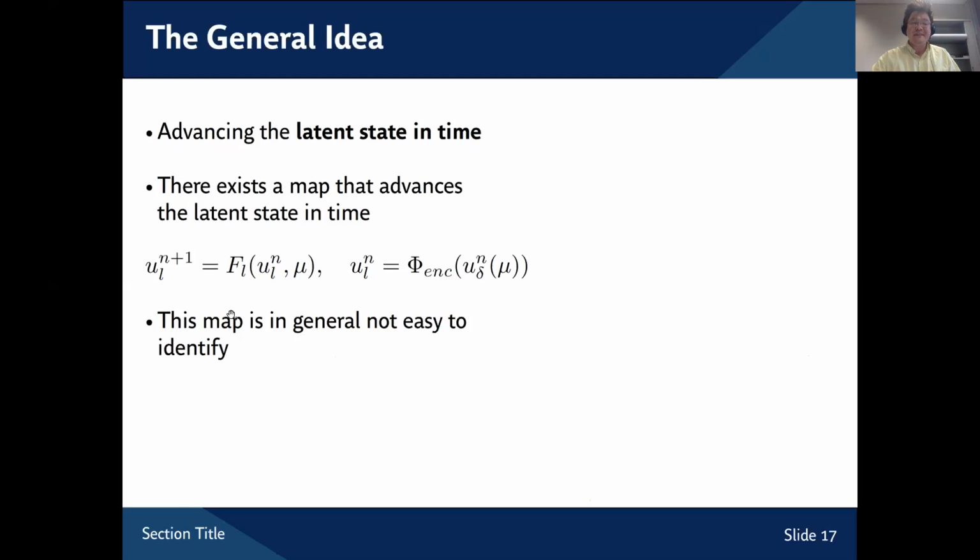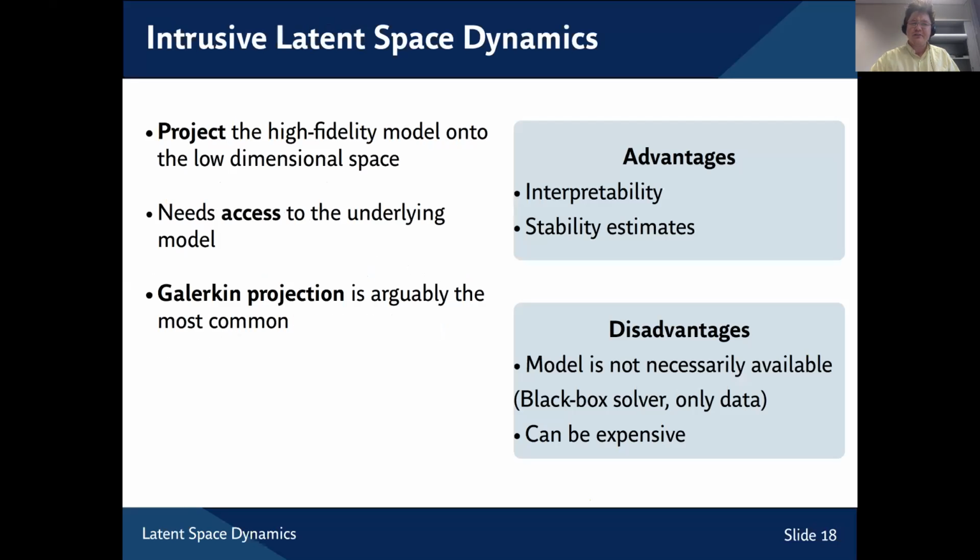In general, this function, FL, is not easy to identify. And there are, in general, two approaches to defining this dynamic map, the time-stepping map.